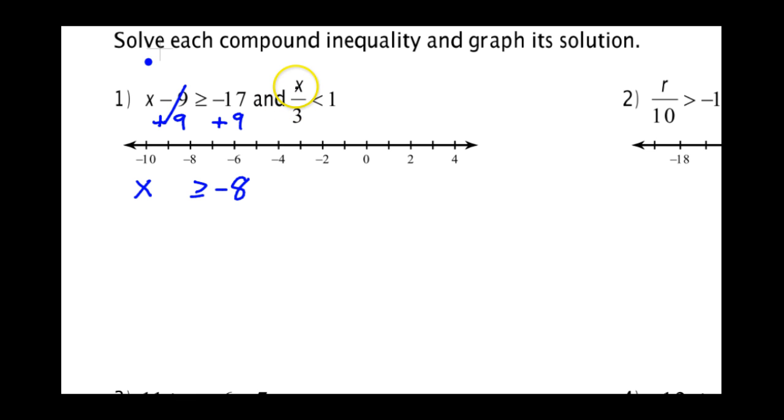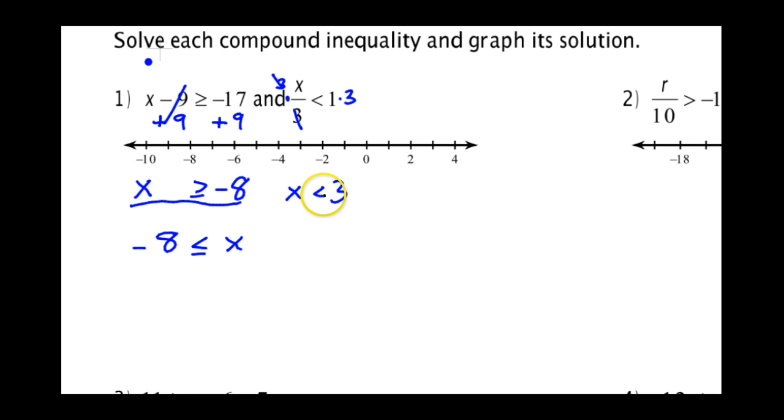So we have to know when we look at this fraction, that's division. So the way to undo division is multiply both sides. 3 divided by 3 is 1. And 1 times 3 is 3. So this answer is all the numbers bigger than or equal to -8, but less than 3. Okay? Rewrite this as an in-between statement. So take the first one, flip it around. -8 is less than or equal to x.